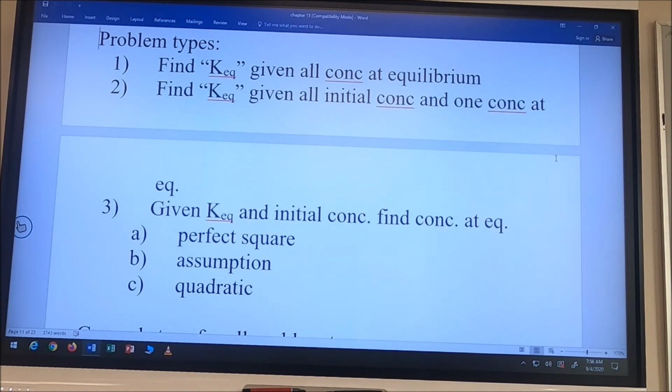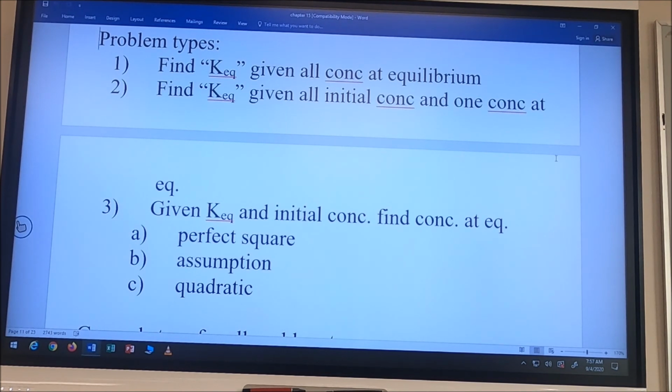Now, when we talk about solving equilibrium problems, there are different types of equilibrium problems. The first type is finding an equilibrium constant given all concentrations at equilibrium. That's a bunny hop problem.